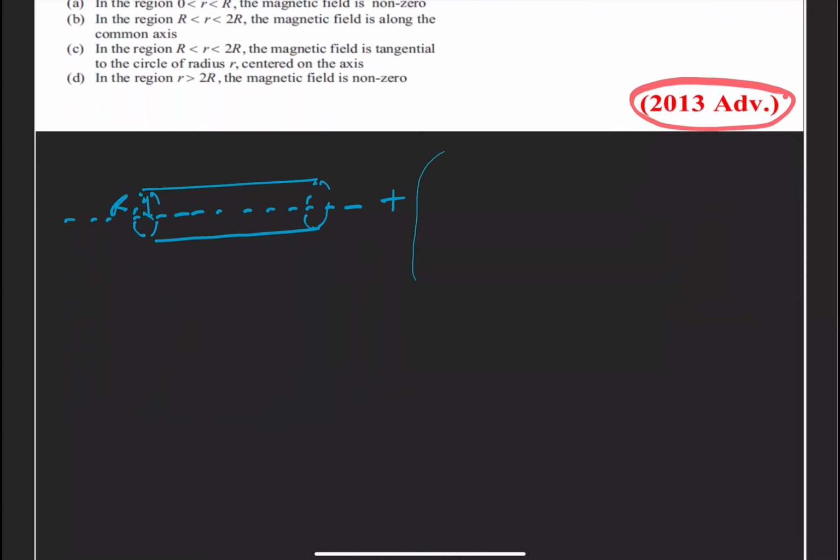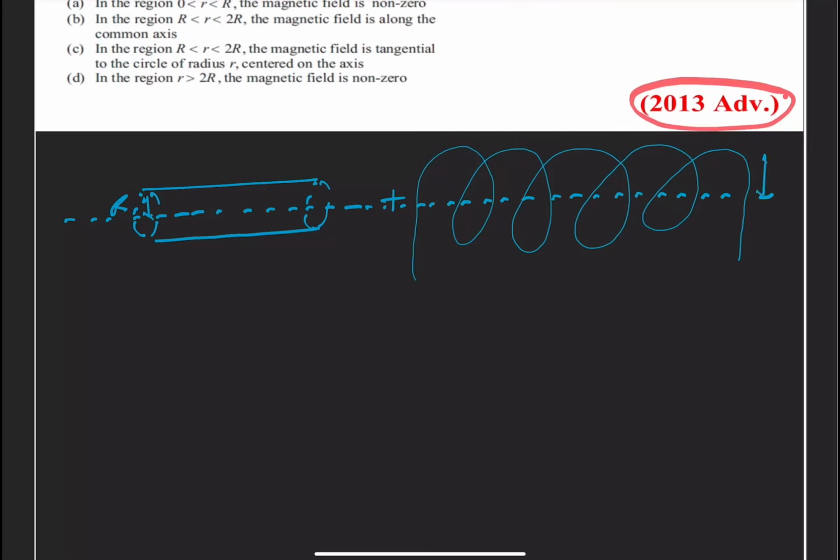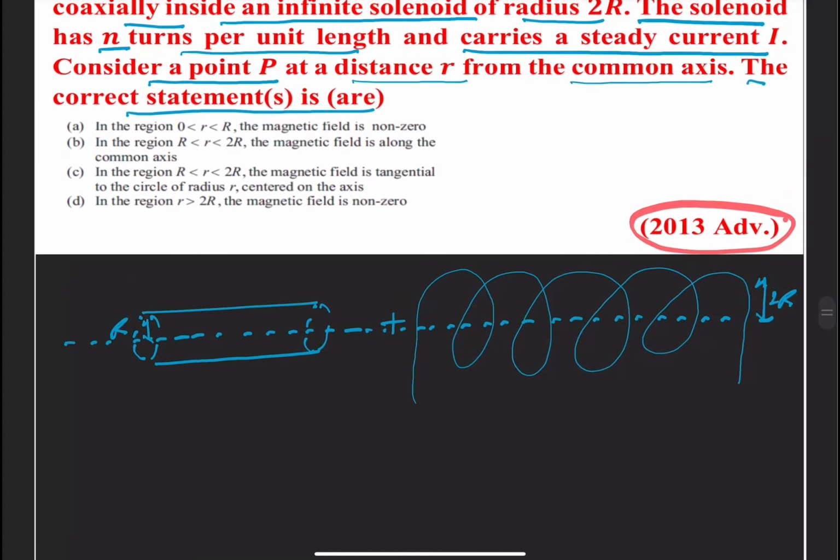So we can just draw a solenoid, something like this, and the radius of this solenoid is 2r. They are coaxial, and it carries a current I.